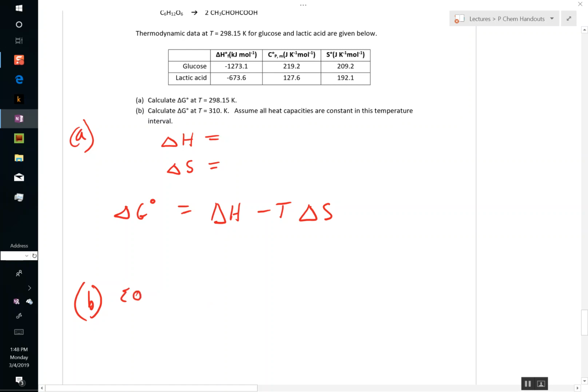Some equations I'd point you to: delta H at 310 is going to equal the delta H at 298, which you've calculated right up here, plus the integral of CP dT.